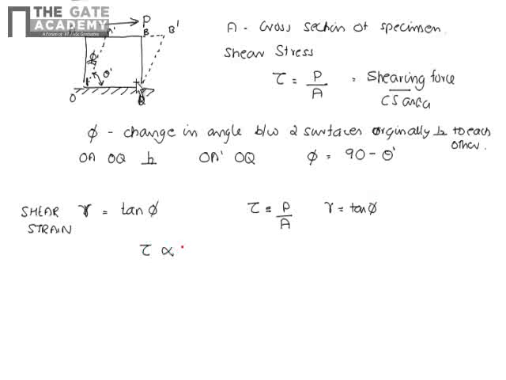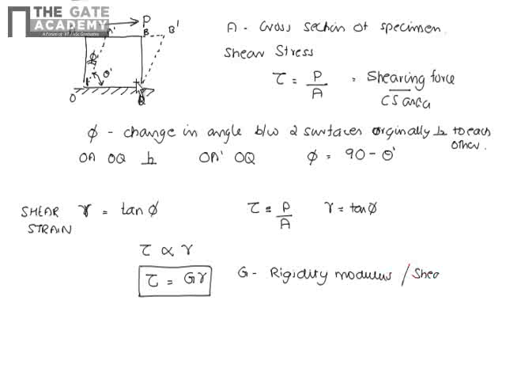Shear stress is proportional to shear strain, and the constant of proportionality is G, and G is called the rigidity modulus or shear modulus.